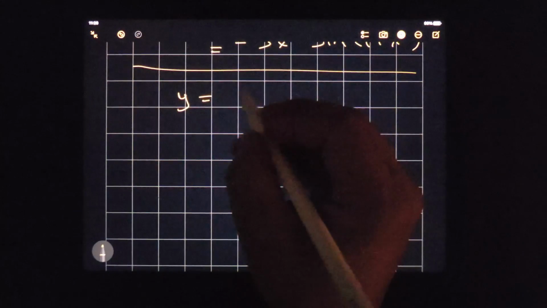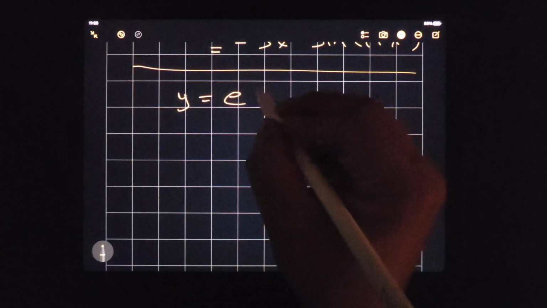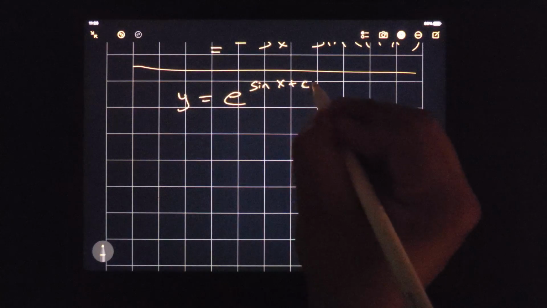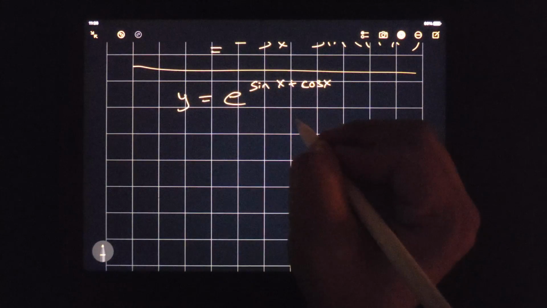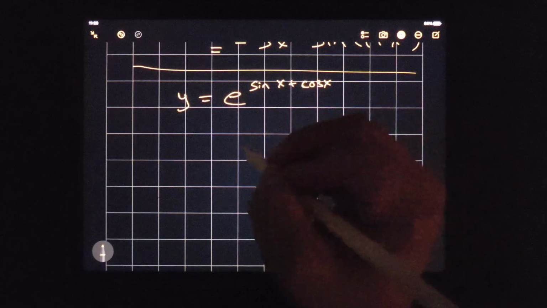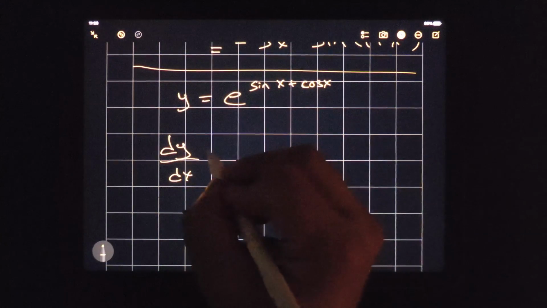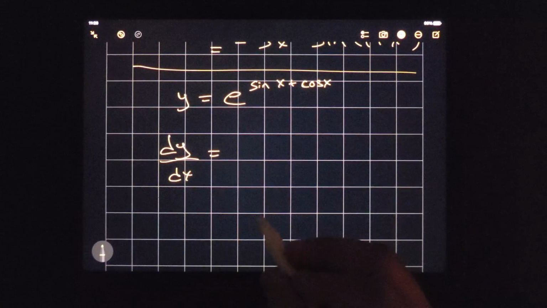Say you have y equals e to the sine x plus cos x. Now let's do that. Remember our derivatives for exponential functions.